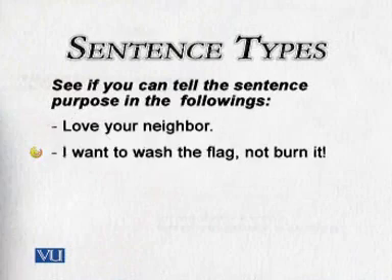If you see the second one, I want to wash the flag, not burn it. Now here, you feel that it's not a declarative or a statement, rather more of your feeling, some expression straight away coming out of you, that I want to wash the flag, not burn it.